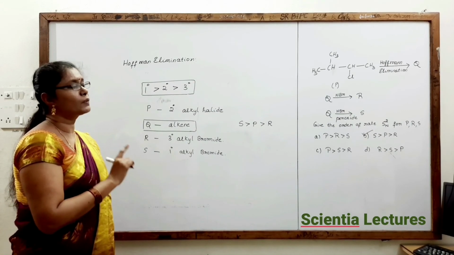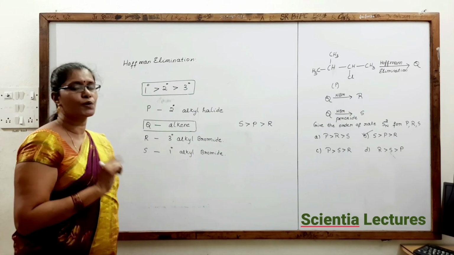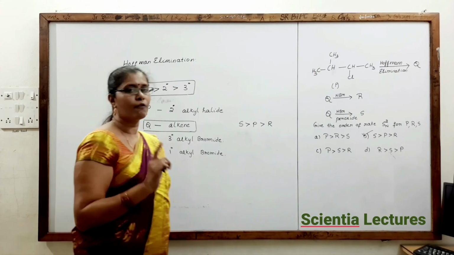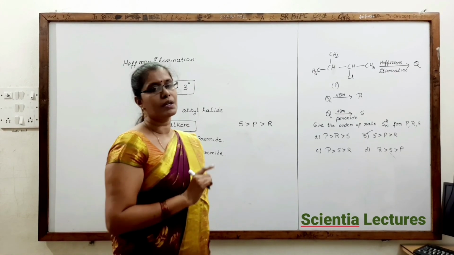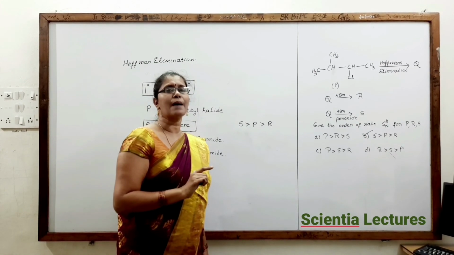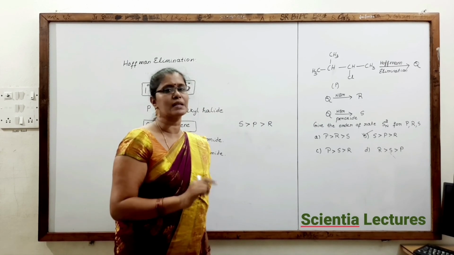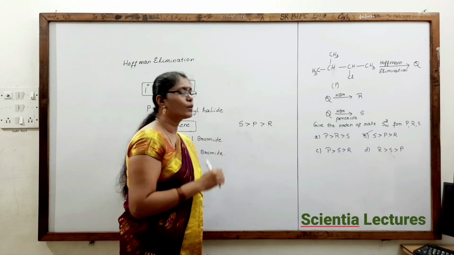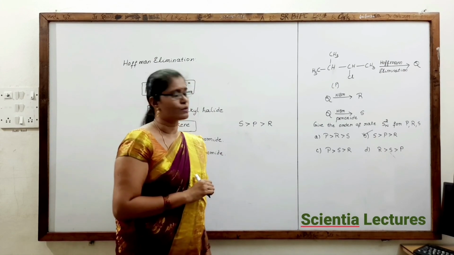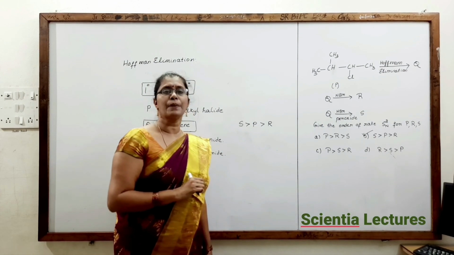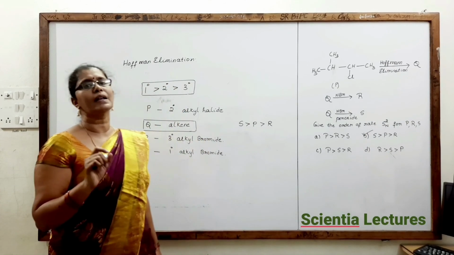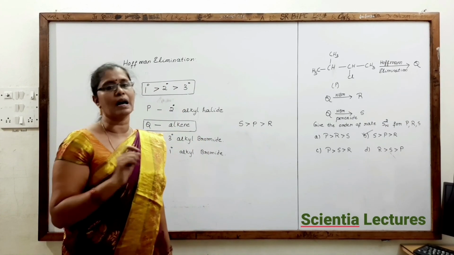So, we should be perfect with all four concepts. What are those four concepts? First one is Hofmann's product, how it is produced. Second one is HBr in the absence of peroxide, what kind of products would be produced and what is the mechanism. Otherwise, without knowing that, you cannot get the correct R also. Next is HBr in the presence of peroxide, how anti-Markovnikov mechanism occurs.